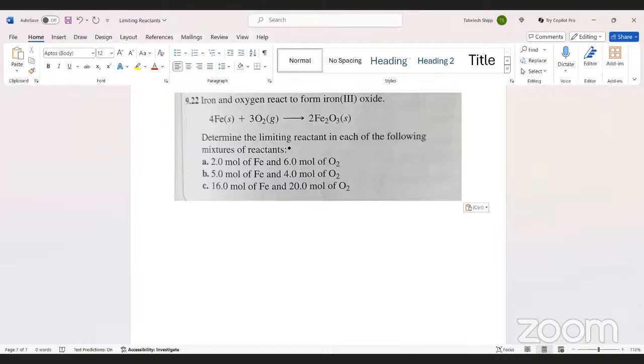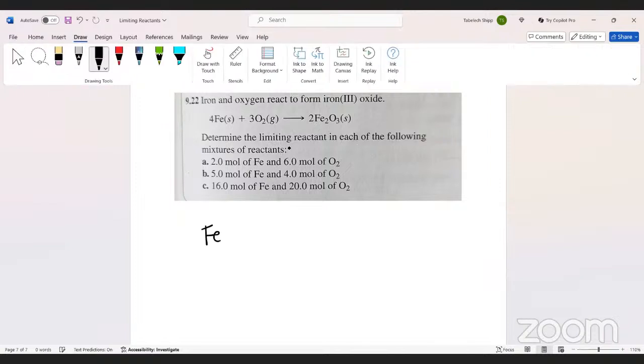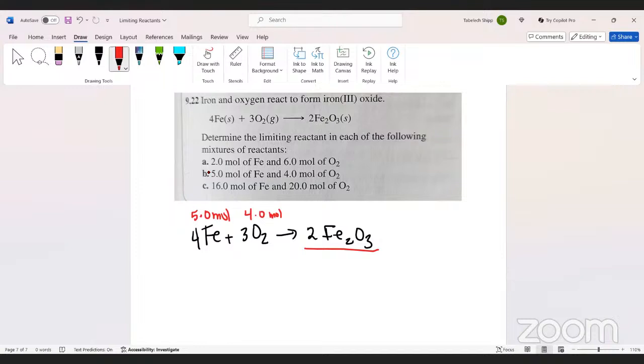All right. So again, you got your balanced equation. Now, I left off the physical states, y'all, just because I'm going to do letter B. What they're giving you is 5.0 moles of iron, and they also gave you 4.0 moles of oxygen. And you're comparing that with iron 3 oxide.